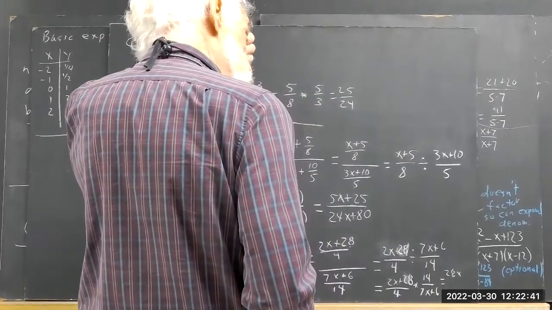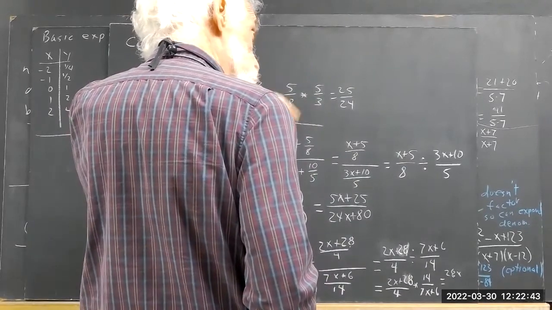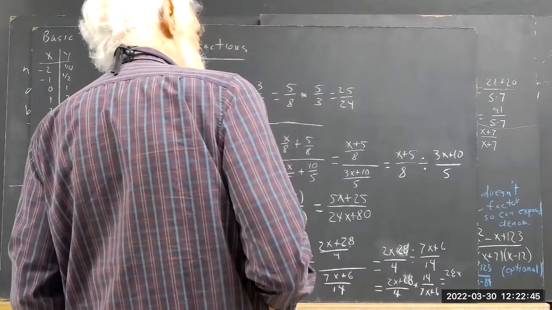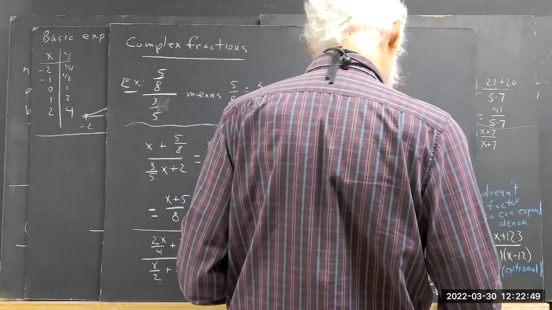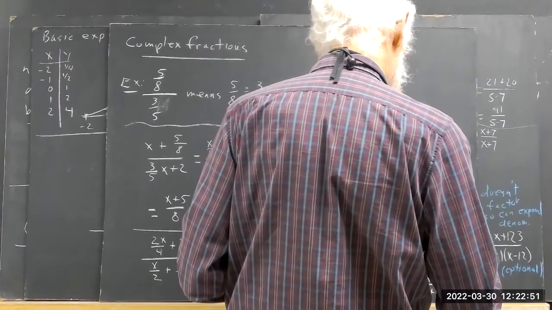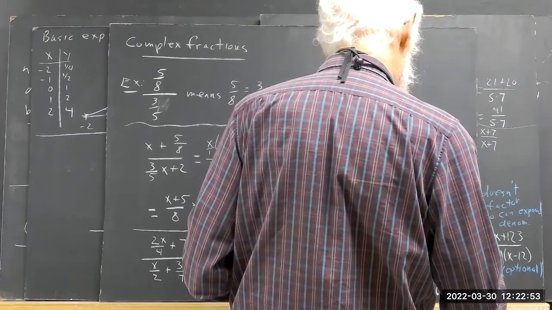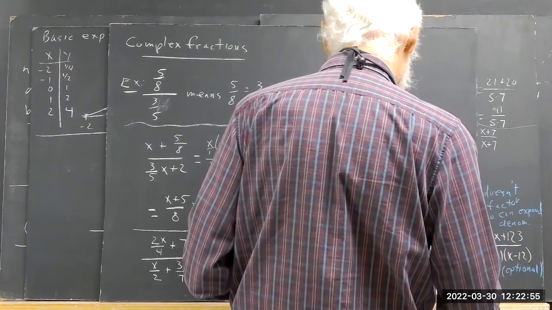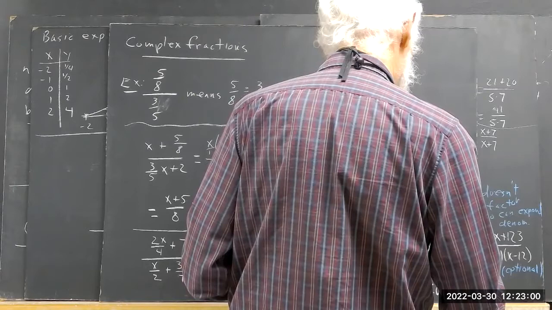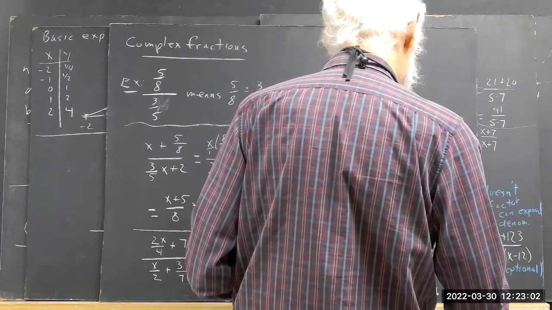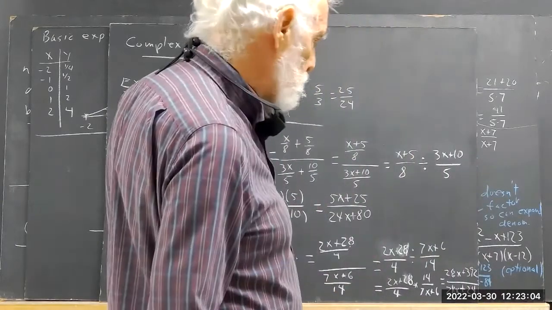And 28 times 14 is 196 times 2, which is 392, if I multiply it right. And that's over 28x plus 24.